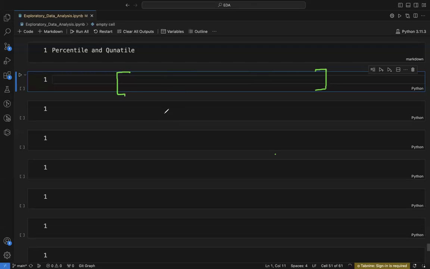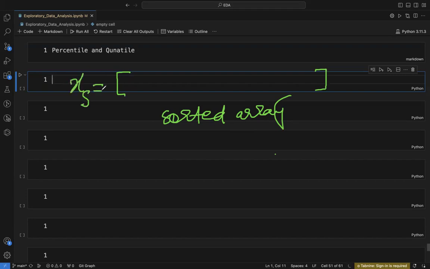This is my sorted array. Let me put xs here, equal to this array. This means xs is a sorted array. X subscript s means it is sorted.